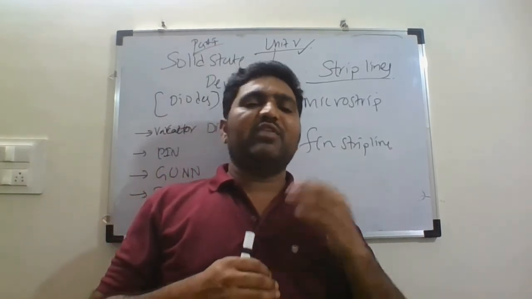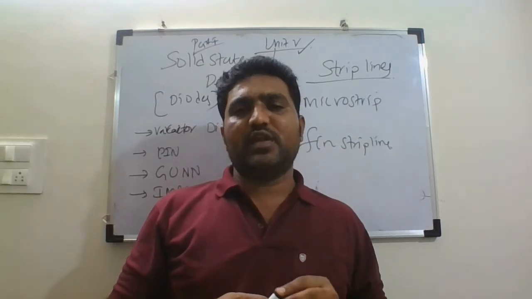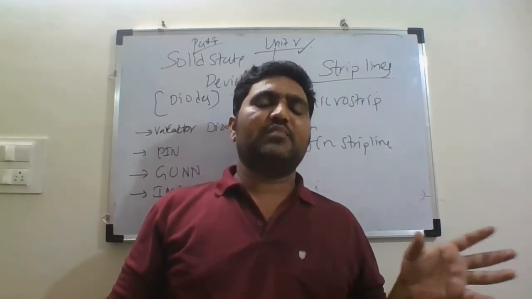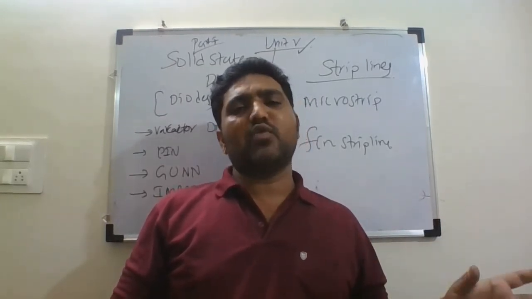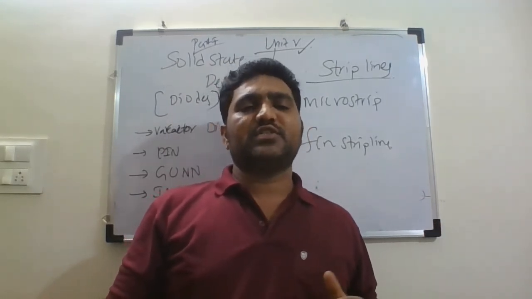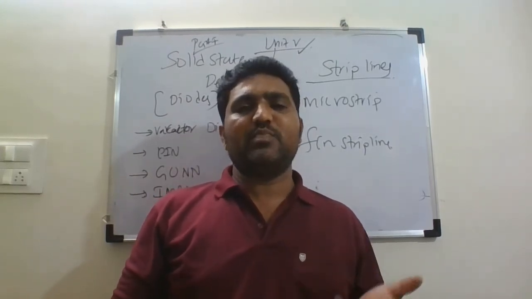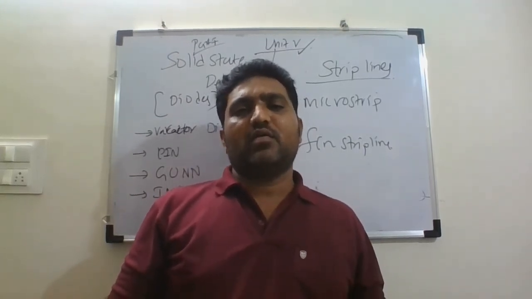We will be continuing from the EM theory. As we discussed in EM theory, we covered unbounded transmission. Now we will be applying the boundary conditions, and seeing how the EM wave will behave or vary in case of boundary conditions.